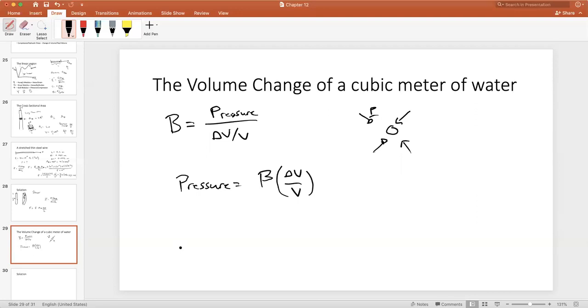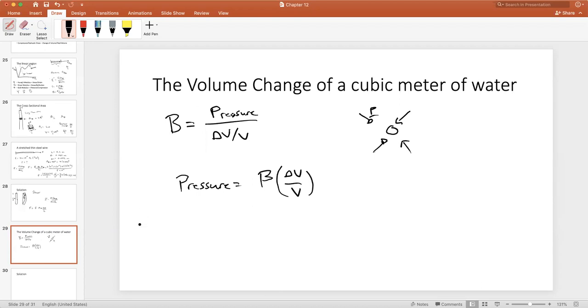What I would like to talk about is imagining the volume change of a cubic meter of water, okay? We're going to find the fractional volume change, imagining what the volume of a cubic meter of water would be in space, in vacuum, and seeing what the fractional volume change is at the surface of the Earth and at the bottom of the ocean.